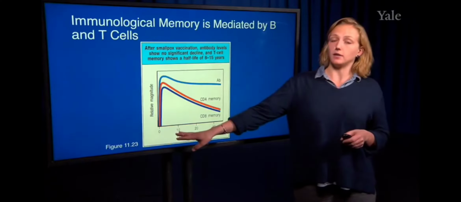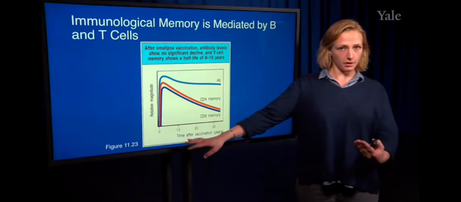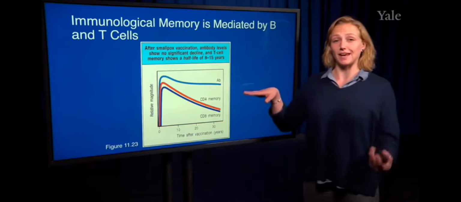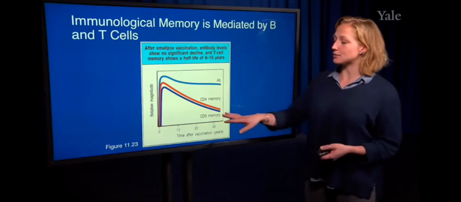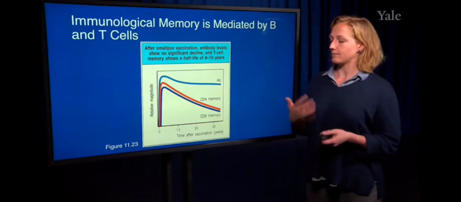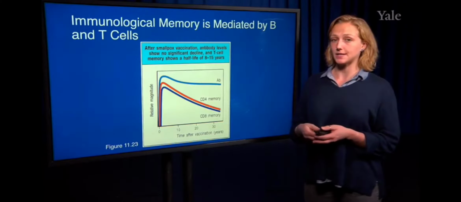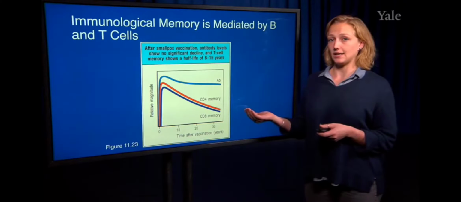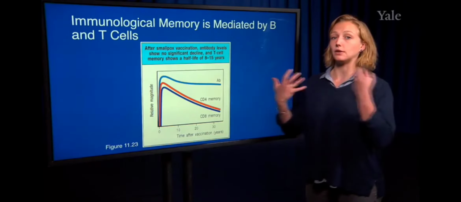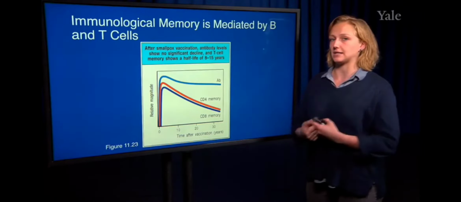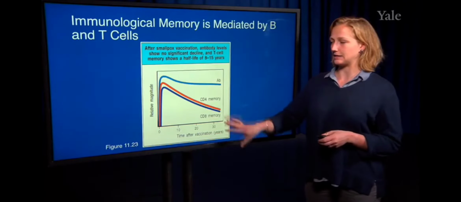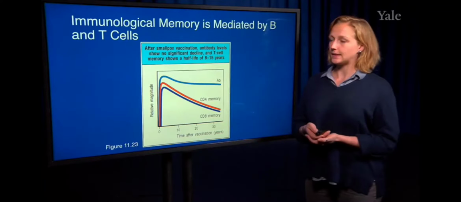After our primary response to the vaccine is cleared, we still maintain high levels of antibodies against smallpox, as well as a large population of CD4 and CD8 memory cells specific against smallpox. So if you were to encounter smallpox, your body would be able to very quickly react against the pathogen with the memory pool of CD4 and CD8 cells, as well as your antibodies.